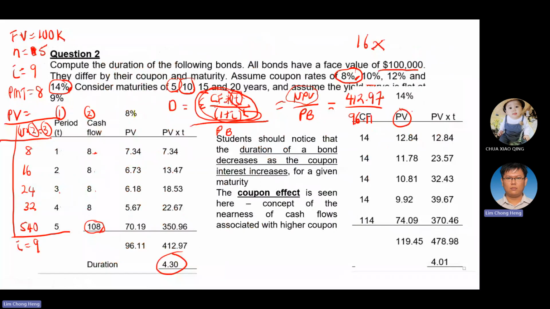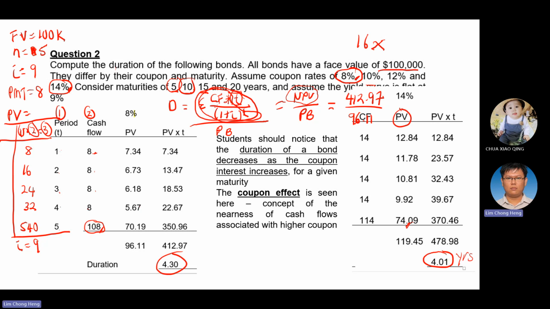You find the duration is 4.01 years, around 4 years. So you see, for bonds with the same maturity that differ only in the coupon payment, the high coupon bond just needs to be held for 4 years.